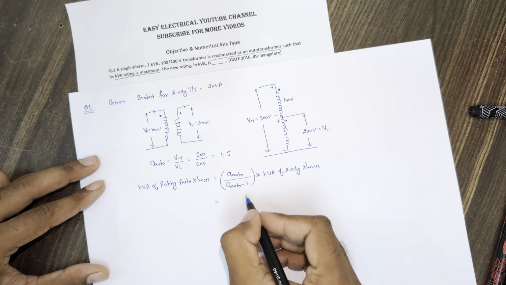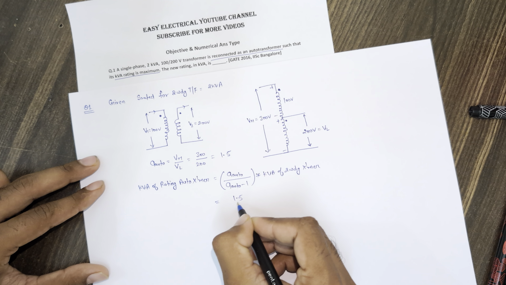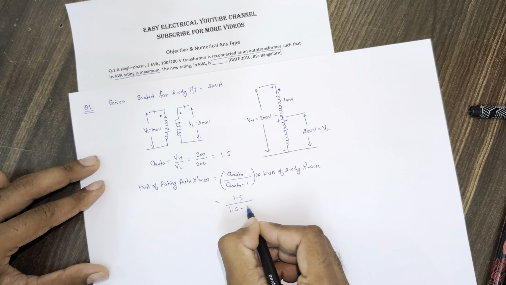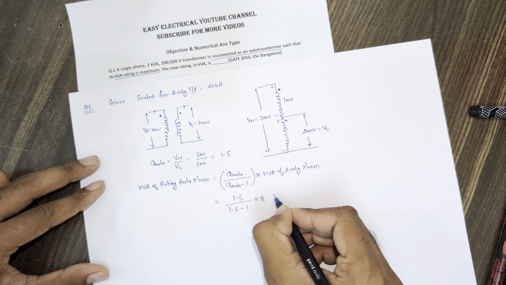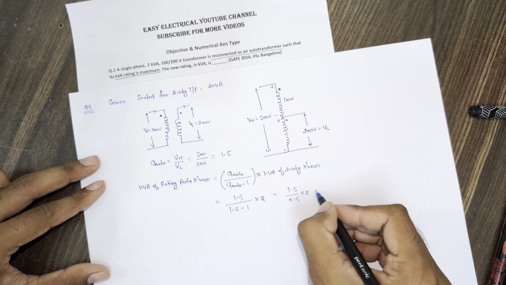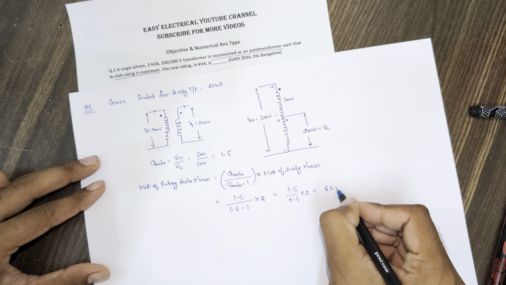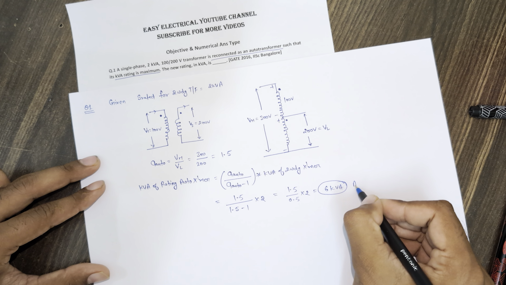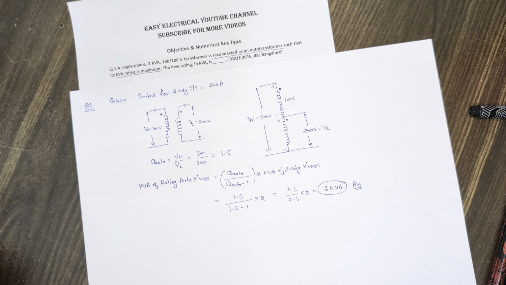What is the value of A auto? It is 1.5 upon 1.5 minus 1 multiplied by 2. This is 1.5 upon 0.5 into 2, that will give you 6 kVA. This is your final answer, right?